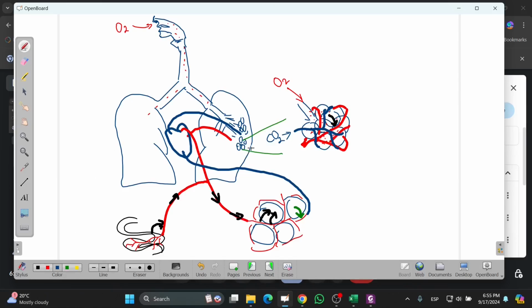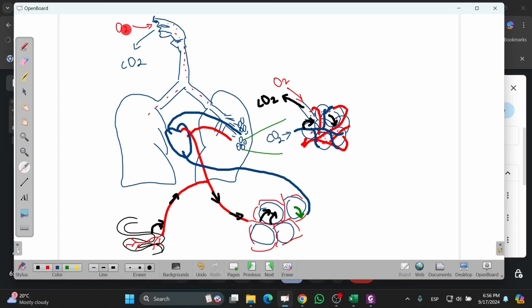So CO2 will go out of the blood into the alveoli and then come out, up the trachea, and then we breathe it out, CO2.